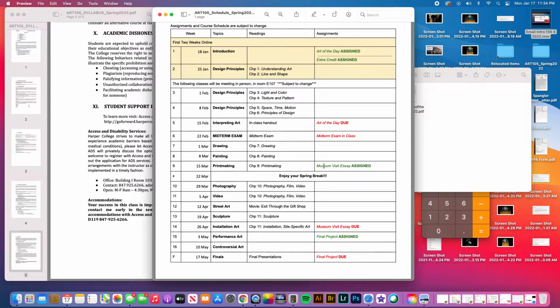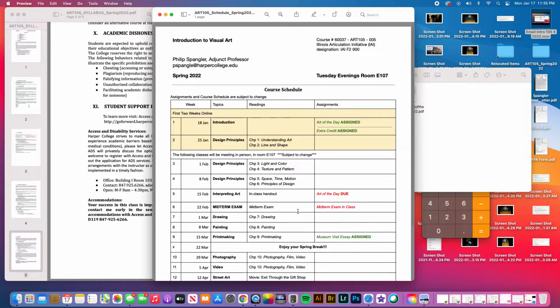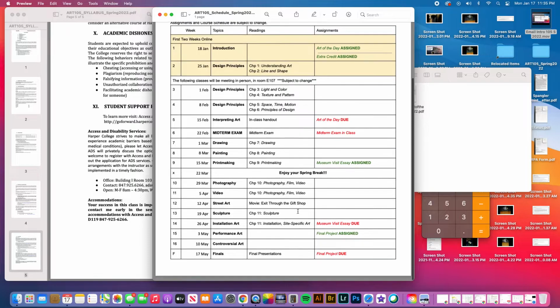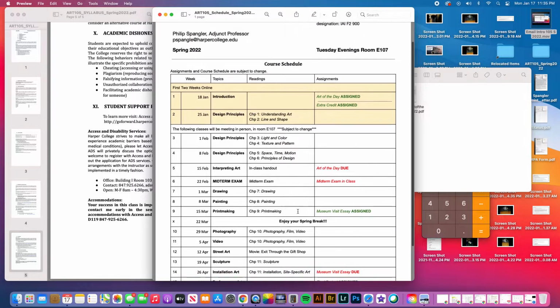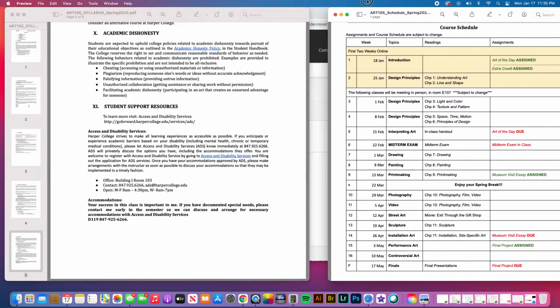And then our museum visit essay is assigned a few weeks after that, and then you have your final project assigned. There are only 4 assignments in this class, and it's pretty easy to get a good grade in this class as long as you get the work done and turned in on time. So this schedule will really help you keep everything in line.